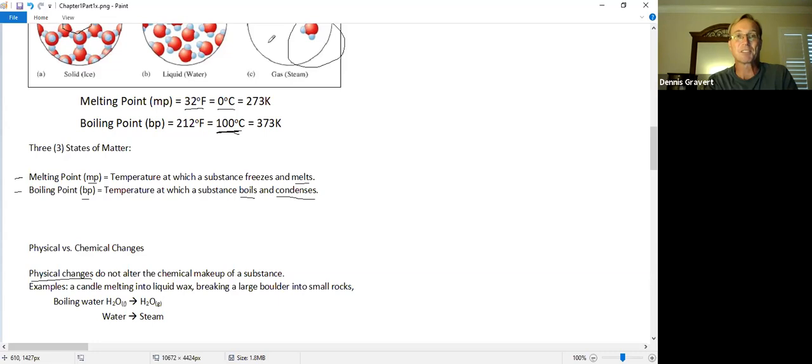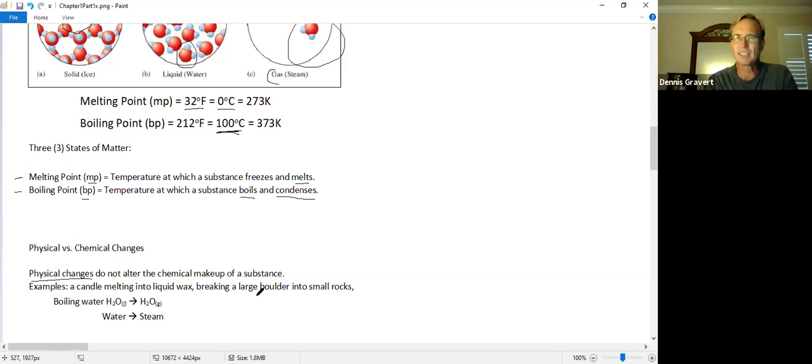So right here at the top of the screen, we got little H2Os sticking together as a liquid. Heat them up, you boil it until it forms a gas, and now the individual H2Os are not sticking together. But whether liquid or gas, whether water or steam, it's still H2O, same chemical composition. That's a physical change. Boiling is a physical change, as is condensing and freezing.